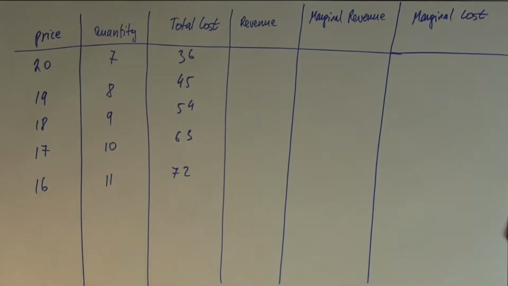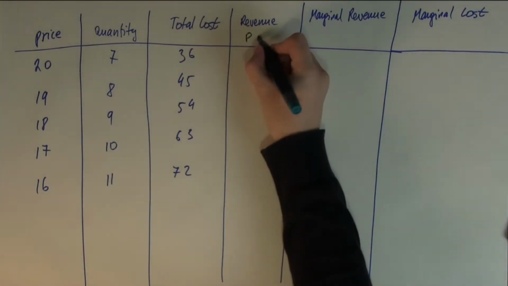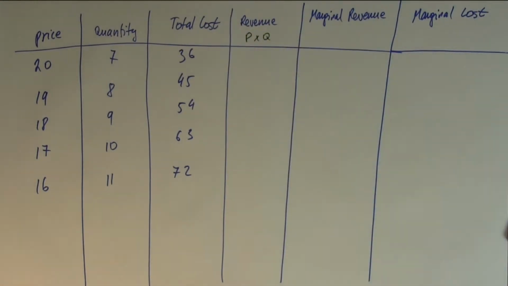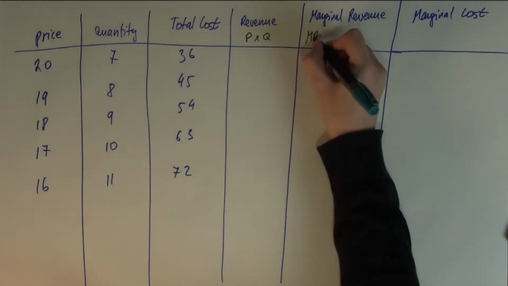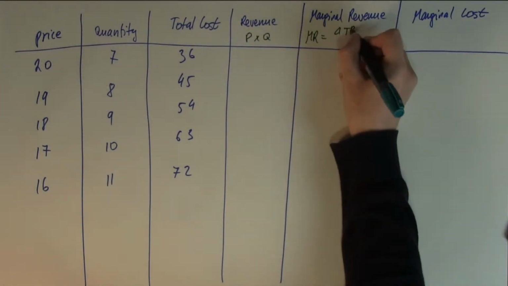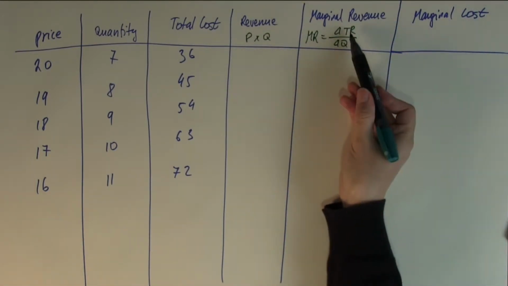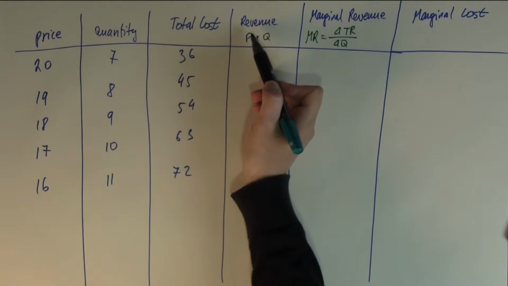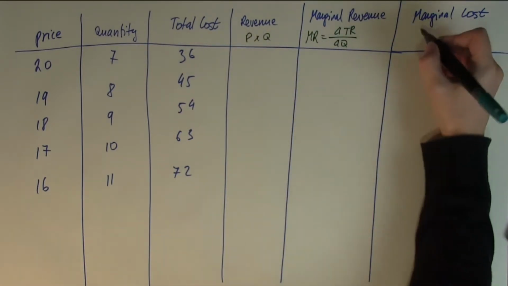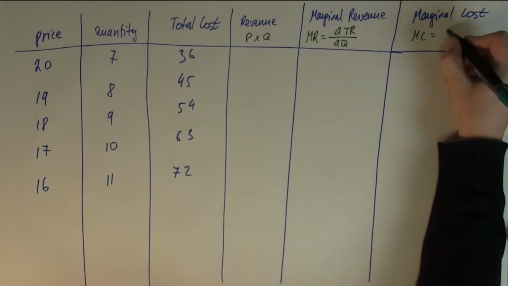Revenue is always calculated by price times quantity, and the marginal revenue is nothing else but the change in total revenue divided by the change in quantity. By total revenue we mean revenue here, and the marginal cost is the change in total cost divided by the change in quantity.